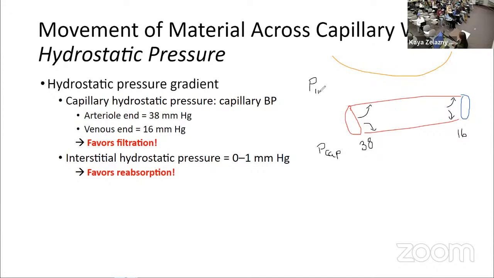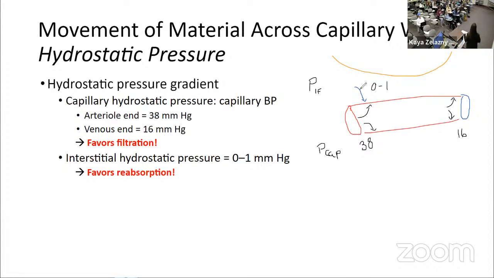So in that interstitial fluid, we have a tiny bit of pressure pushing back, a tiny bit of fluid trying to push into the capillary, but under normal conditions this is really low. So 0 to 1 millimeters of mercury.